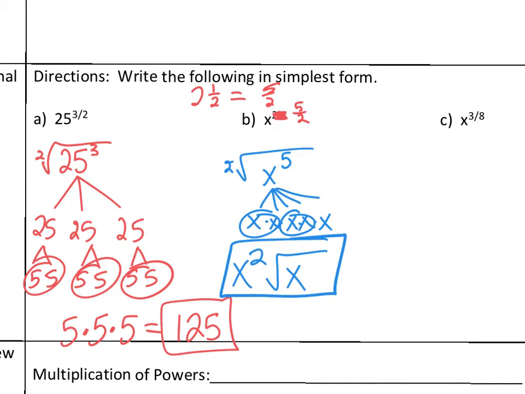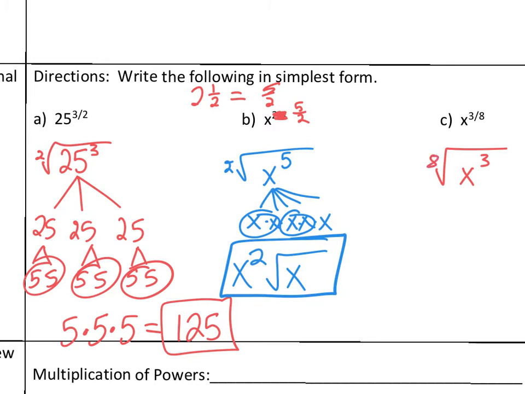Okay. Questions so far? All right, let's go for letter C here. X to the 3/8. How would I put that? X to the 3rd. 8 is going to be the what?